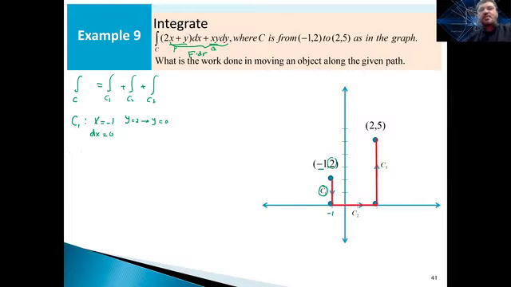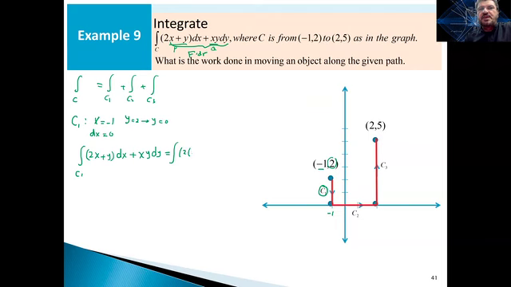Okay, now we go to our question. So the integration along C1 of 2x plus y dx plus xy dy. What is this equal to along C1? Along C1, we know that x doesn't change. X is -1.